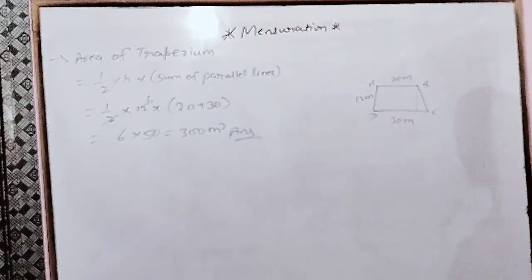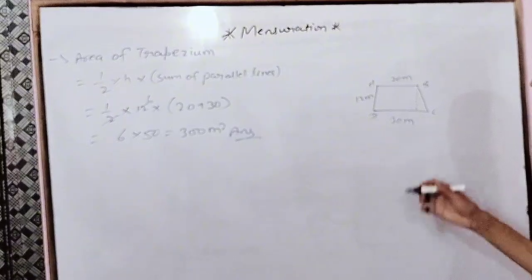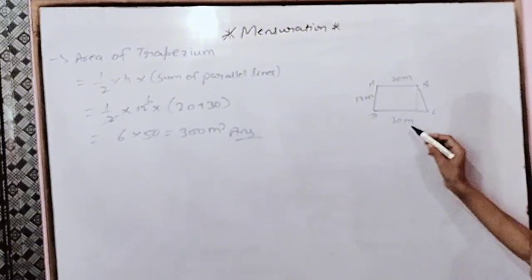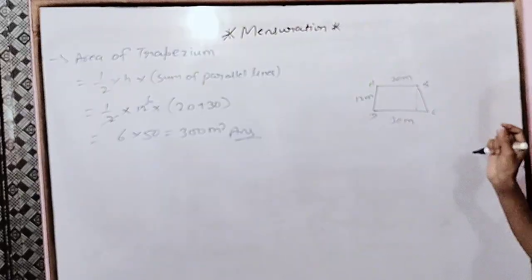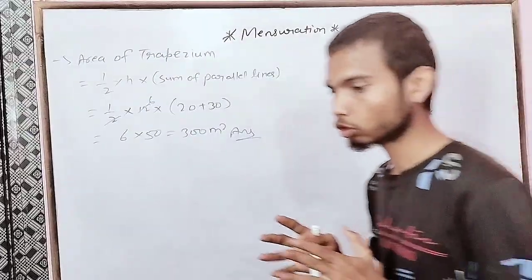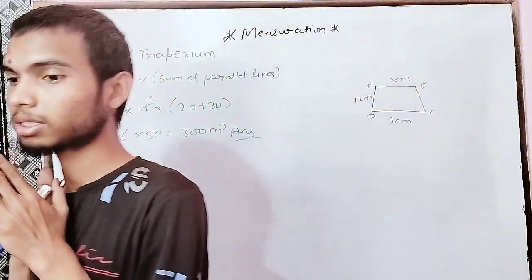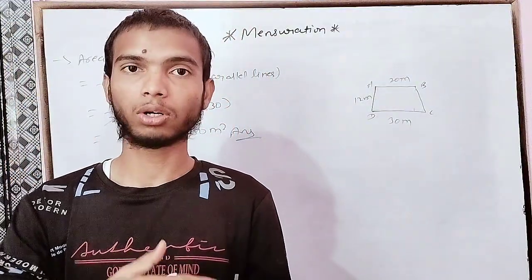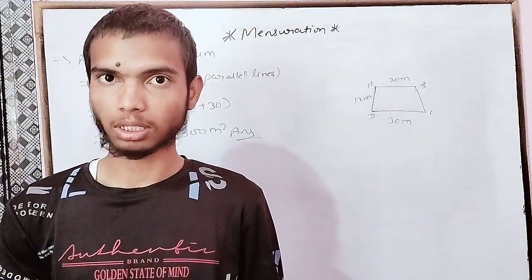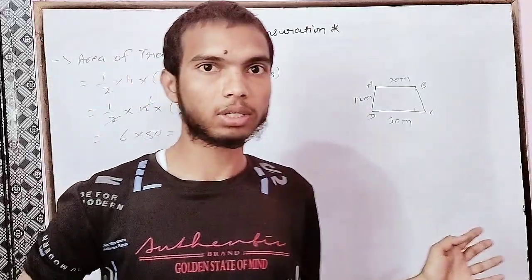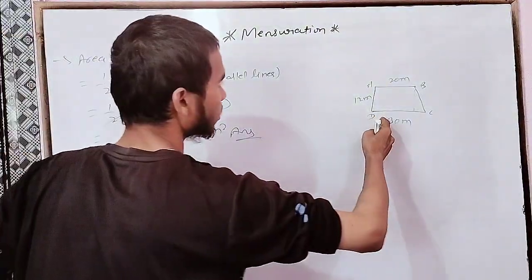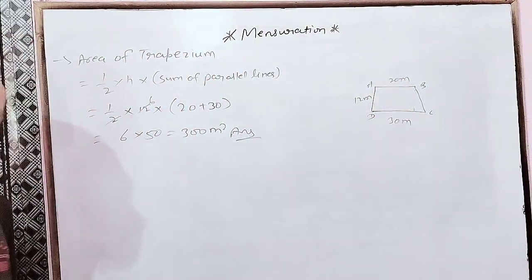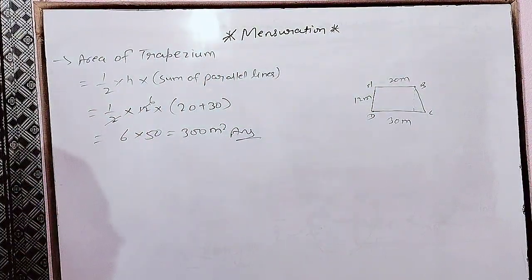Now the sum of parallels, because the two parallel sides are not equal to each other in measure. That's why we apply the sum of parallels.